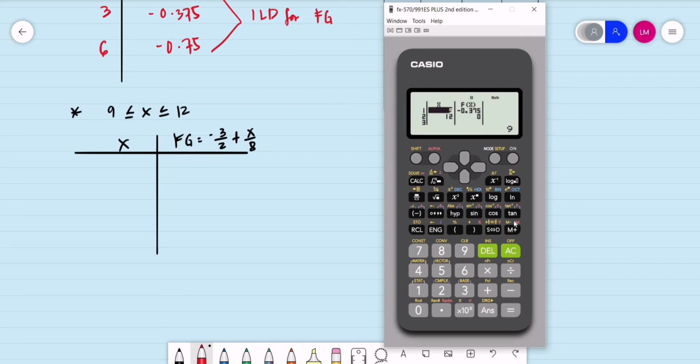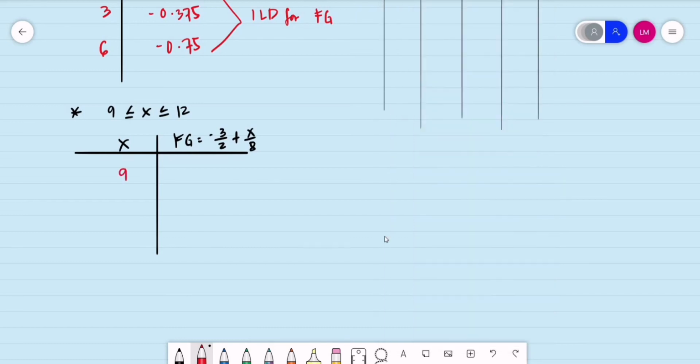At x equal to 9, we have negative 0.375, and at x equal to 12, this is 0. So these are the ordinates for the ILD for the axial force for member FG.